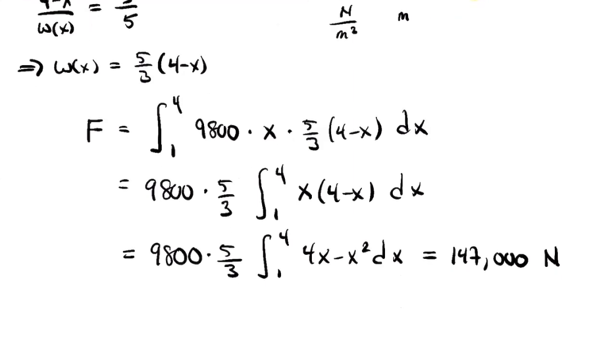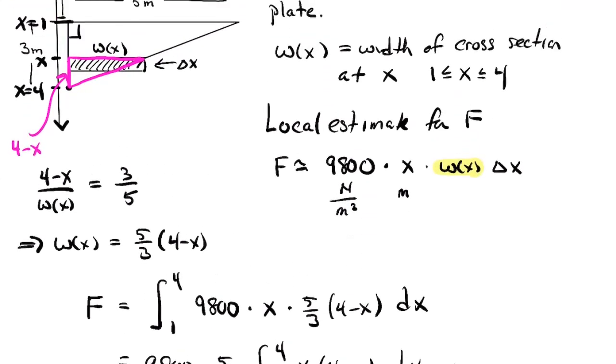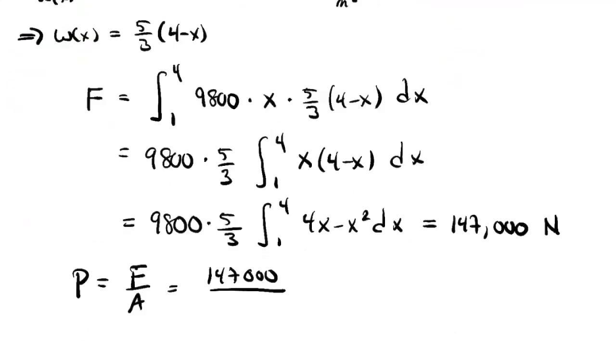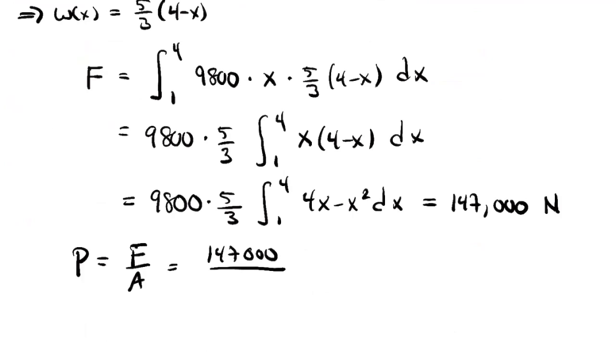What's the pressure? Pressure is force per unit area. So I have to take 147,000 and divide it by the area of this triangle. Sorry for the scrolling. The area of a triangle is 1/2 its height times its base. So in this particular case, I'm just going to write it out in that form: 1/2 the height times the length of the base. That's 1/2 of 15.